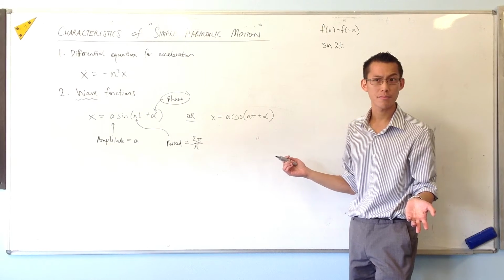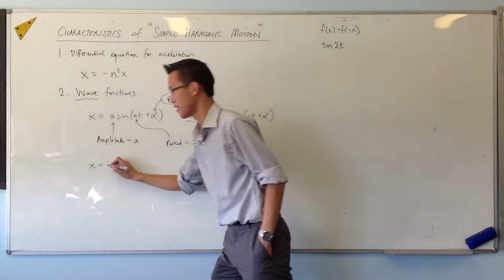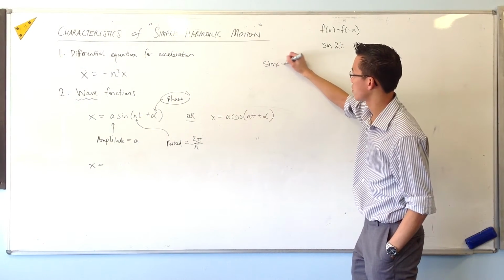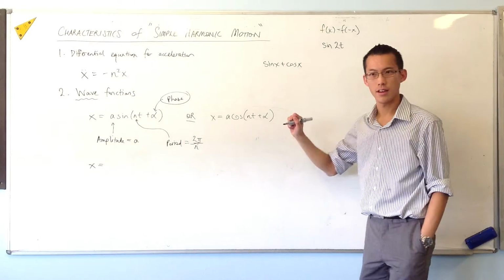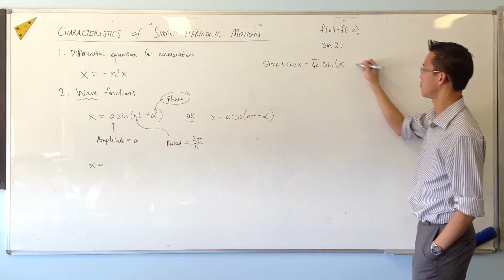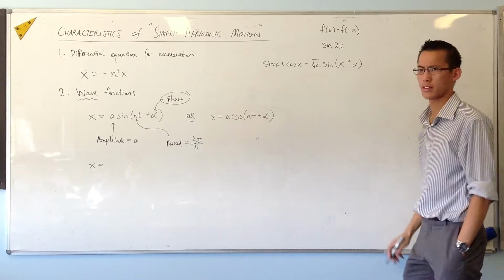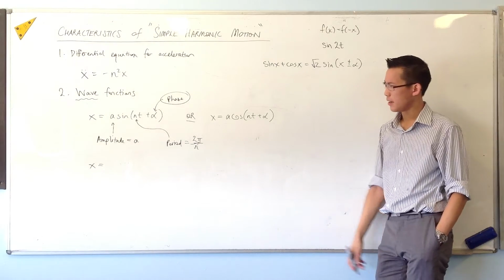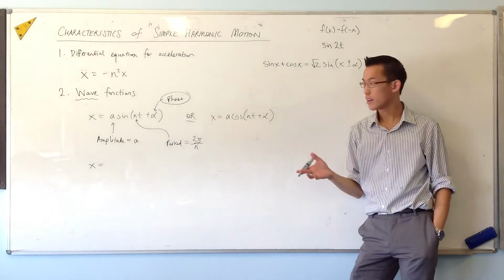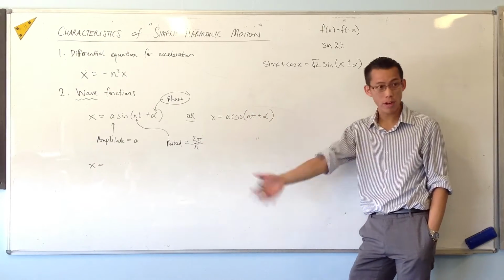Remember? We actually had to do all of this work. We said things like sine x plus cos x is going to be root 2 sine, and then you've got whatever you want here, x plus or minus alpha, whatever it was, pi on 6 or pi on 3 or something like that. So therefore, this is what you're used to seeing, right? But one wave function is the same as two wave functions, or 3 or 4 or 5.